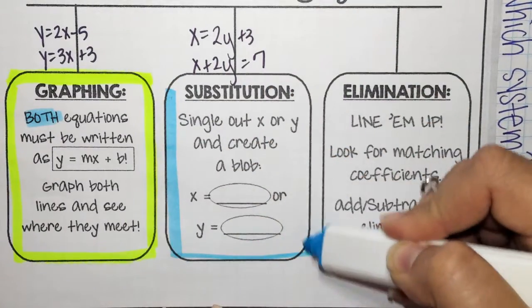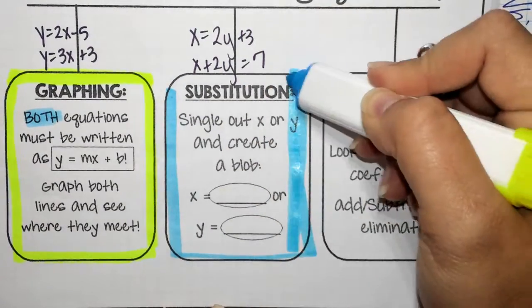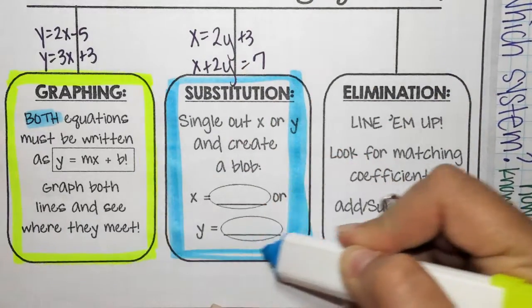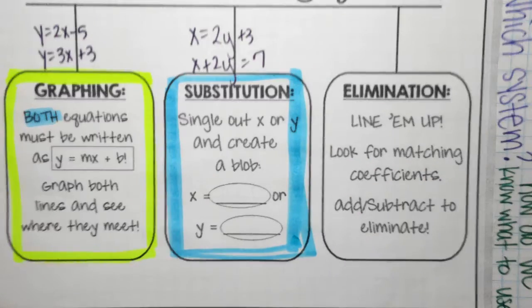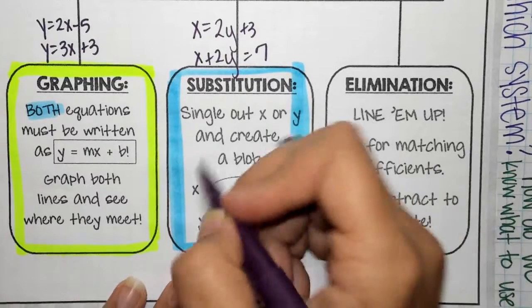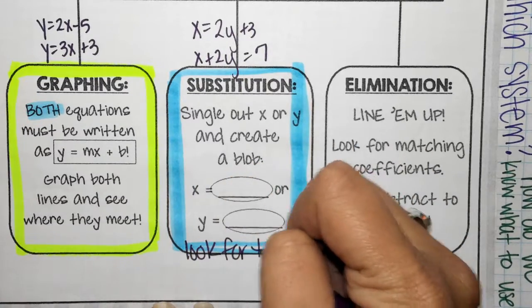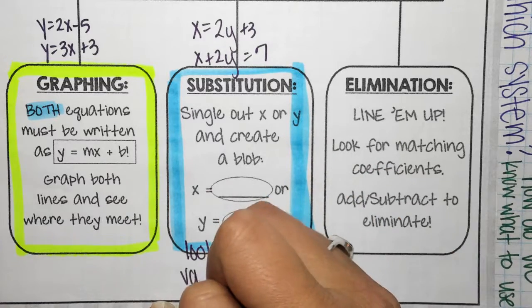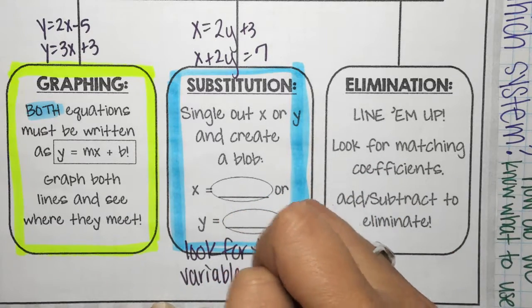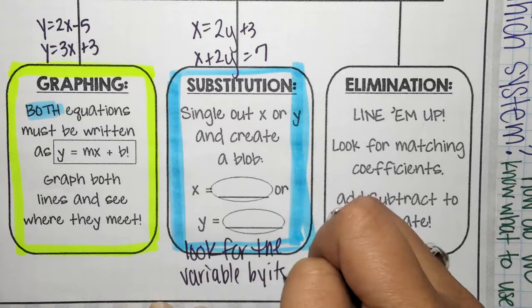At least one variable has to be by itself. Does everybody understand? Do we need to make a note that says look for the variable by itself?